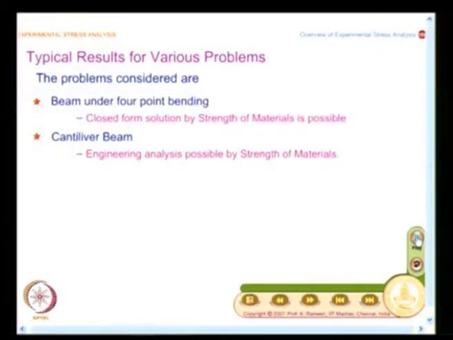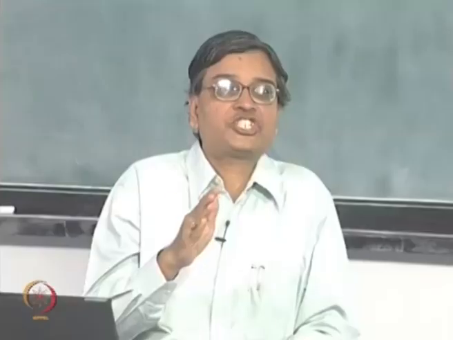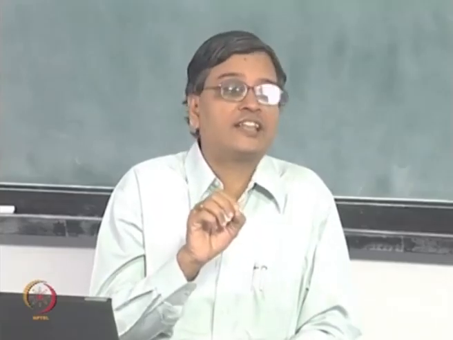Okay. Then the next problem is cantilever beam. Why I have taken this is, see, in a cantilever, though you apply flexure formula and so on, you actually have shear which makes the planes not remain plane before and after loading. Because shear effects and bending effects are not coupled, still the solution from strength of material is valid, and that is why good books term this as engineering analysis of beam.